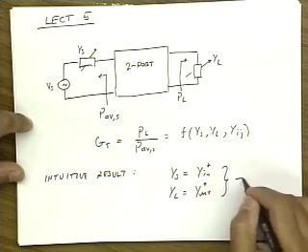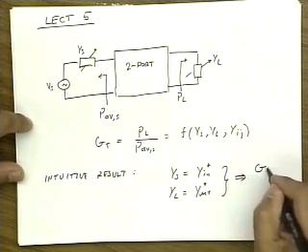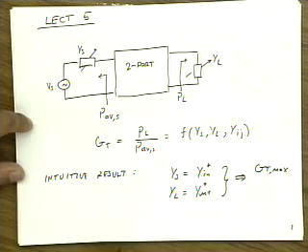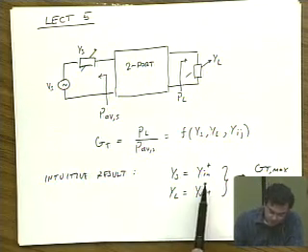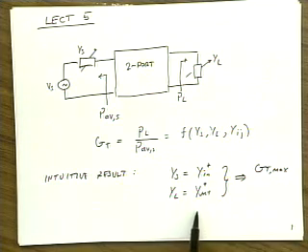And this should give us GT max. Any questions about the intuition leading to that conclusion? You'll note that in general, because Y in and Y out are each a function of both Ys and YL, this is a pair of equations that we can simultaneously solve.